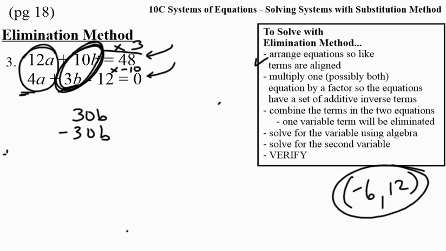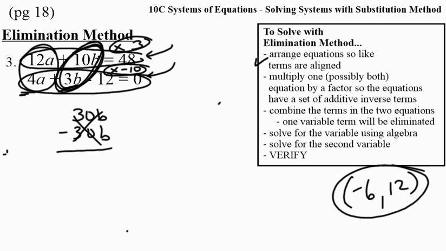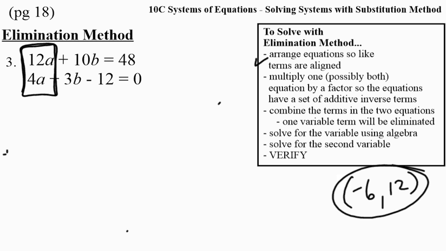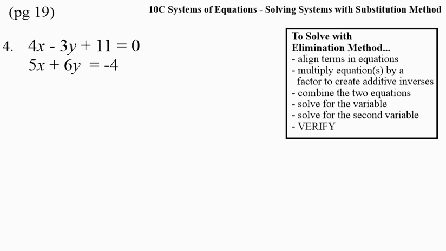So if both equations got multiplied by a value, we could cancel out and eliminate the b's. So again, multiply both equations, we could get rid of something that's not as obvious. But I think you'll find the vast majority of questions, like we just did, have a quick, easy way to eliminate one of the variables.